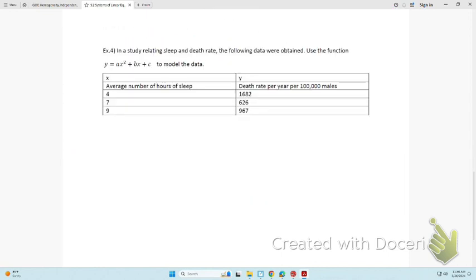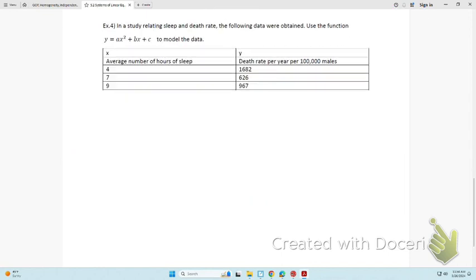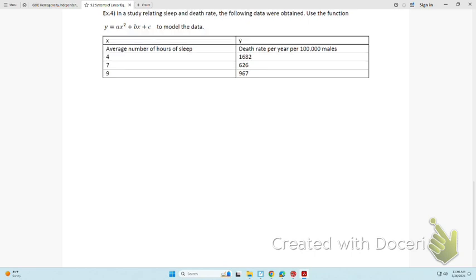They're trying to model this situation with sleep data and death rate because they believe sleep is predicting a death rate. So, for example, look at the death rate when you only get 4 hours of sleep versus 7 and 9. So 7 seems to be better, lower death rate.